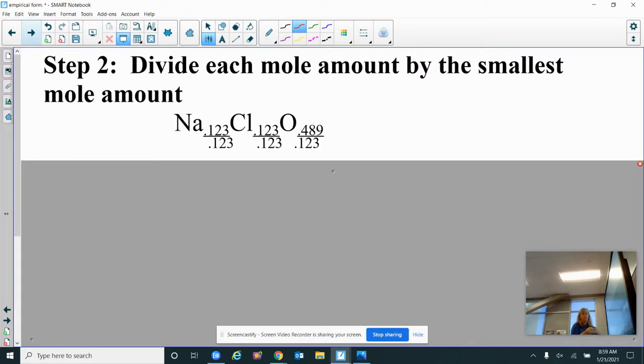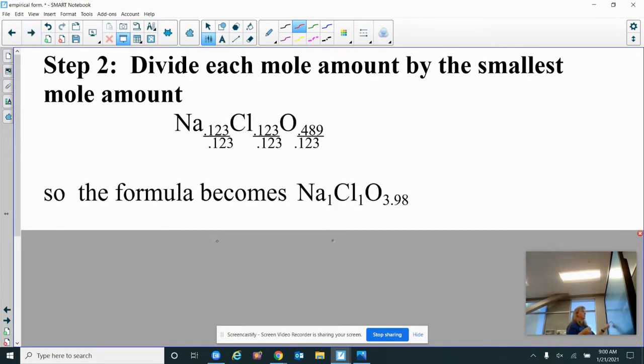Because we need whole numbers. You can't have a formula like Na0.123 Cl0.123. We need like Na1 Cl1. So that's why we're dividing by the smallest, to make those whole numbers. When we divide by that, that one equals 1, that one equals 1, that one equals 3.98, which is close enough to 4 that we can round that to 4.